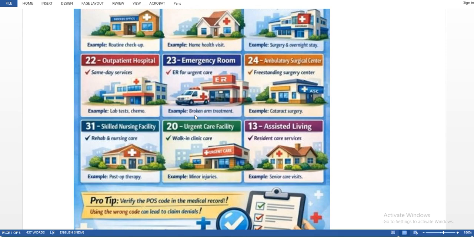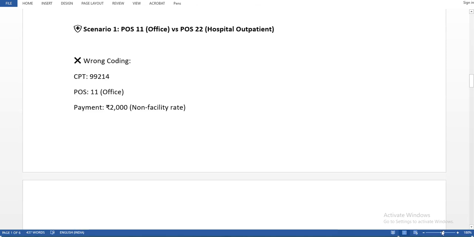Most of the time the patient comes for broken arm treatment, like ER for urgent care. 24 is for ambulatory surgery center, which is a freestanding surgery center where the patient will get procedures like cataract surgery. 31 is for skilled nursing facility, 20 is for urgent care facility and 13 is for assisted living. I hope so far you got the importance of POS in medical coding.